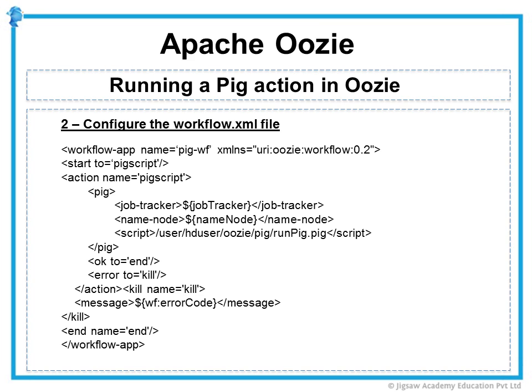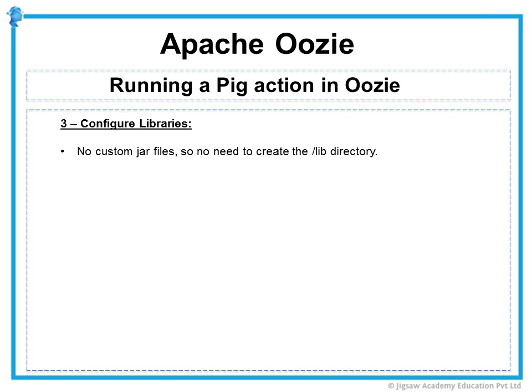So here we will configure the name node and the job tracker and also the path of the pig script file. And since there are no custom libraries that I need to use, I'm not going to create the lib directory, and we already know that since ShareLib is already set to be used, any jar files that are required will be automatically picked up from that particular ShareLib folder.